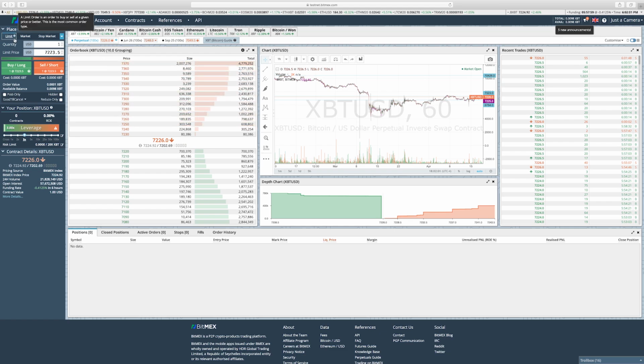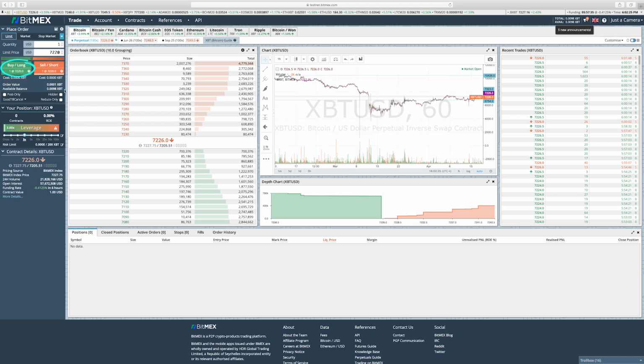So for the purposes of this lesson, let's say our quantity, so our contracts, dealing with the derivatives market, we want one contract and we're looking to buy it at 72.20. Now I'm putting this limit price in, which is below our market price, and it's either buy long or sell short. We're looking to buy long.